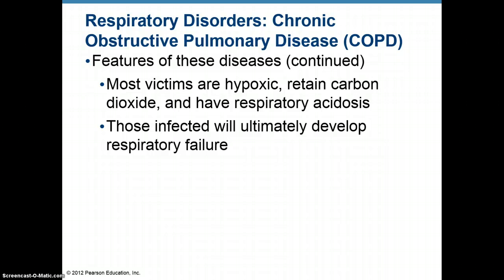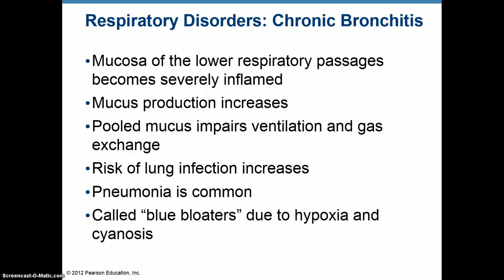Now, chronic bronchitis means the bronchi are always inflamed. What happens is the mucosa, the mucous membranes of the lower respiratory passages, become very inflamed. The result is mucus is always produced.